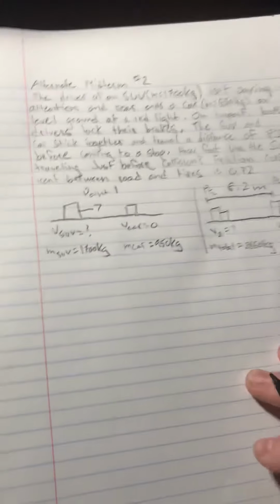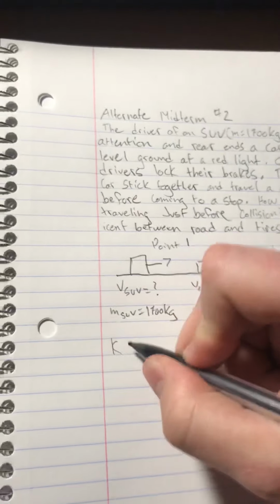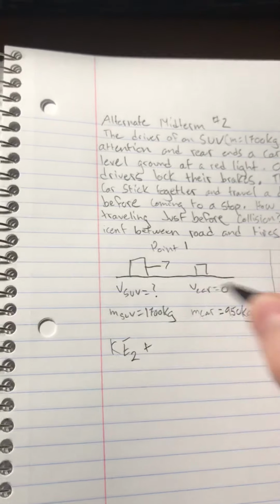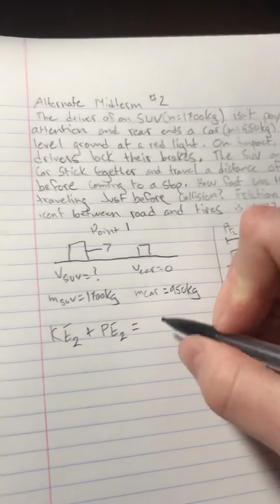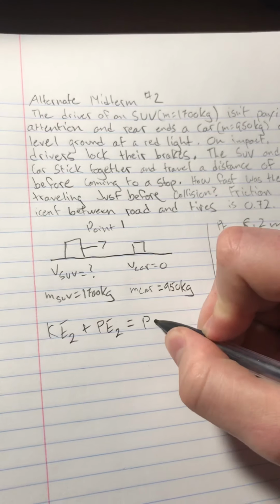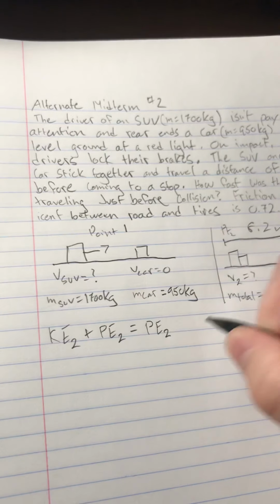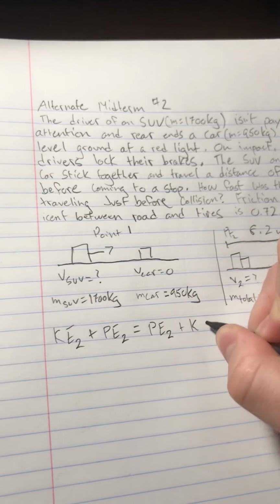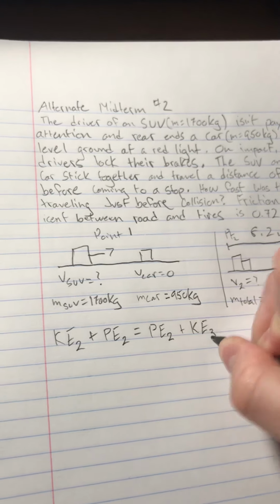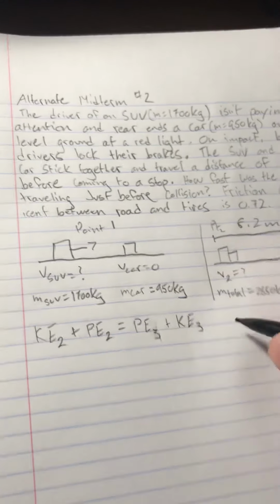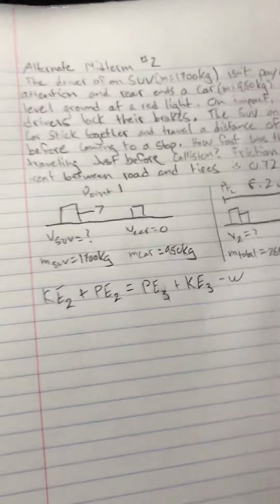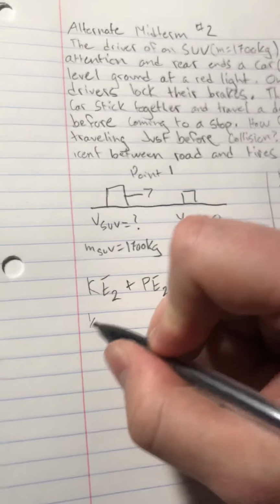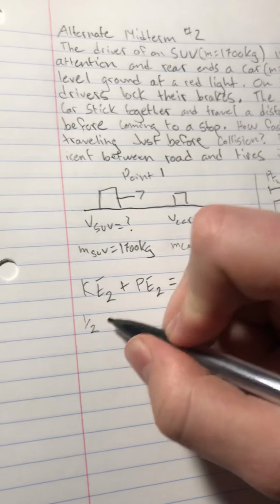So now we will use conservation of energy from point 2 and point 3. Minus the weight. Okay, so from here, we will plug in the values that we know.